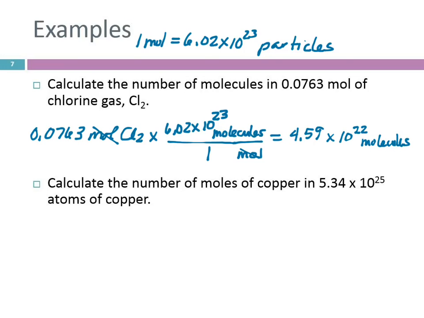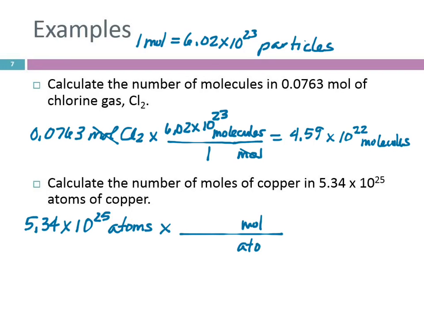So let's do this one. Calculate the number of moles of copper in 5.34 times 10 to the 25th atoms of copper. So in a way, these problems are nice because there's only one number that's given, and so that has to be the one you start with, right? So I write down that 5.34 times 10 to the 25th atoms, and they want moles. So I'm going to multiply by moles and divide by atoms.